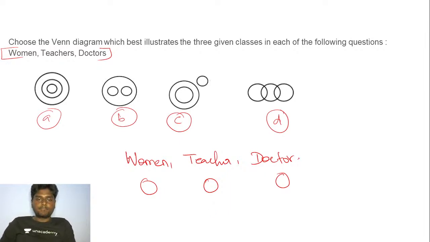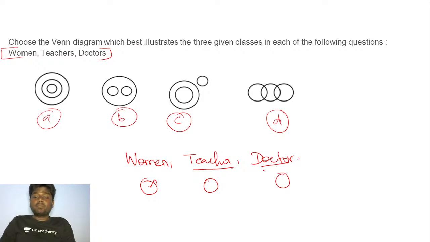Anybody? Let's say if this is woman, I can say that a teacher is gender unbiased. A teacher can be male and a teacher can be female, so I cannot say that teachers are absolutely women. There can be men as well. In the same way, a doctor is again gender unbiased.